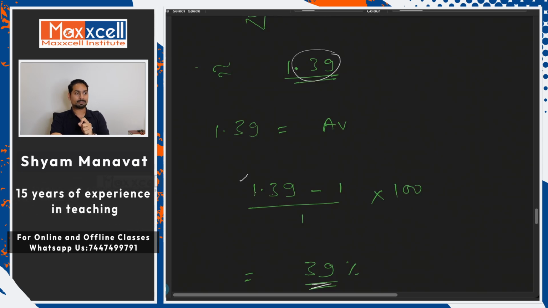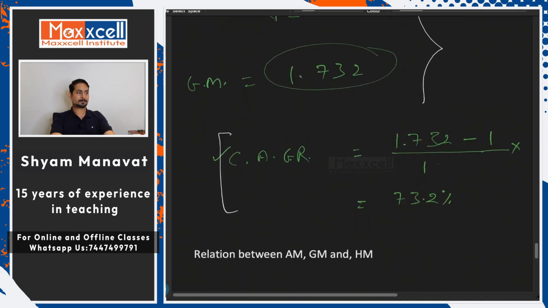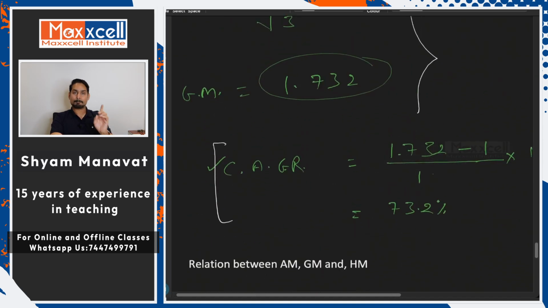Same thing here: you got 1.732, minus 1, divided by 1, into 100. There is no significance of dividing by 1, but still do it. The value you get here is the annual growth rate, that is the compounded annual growth rate.